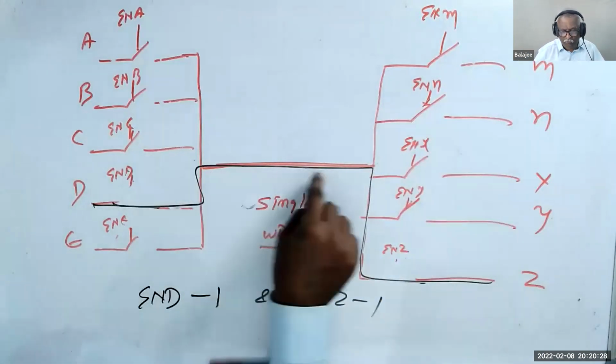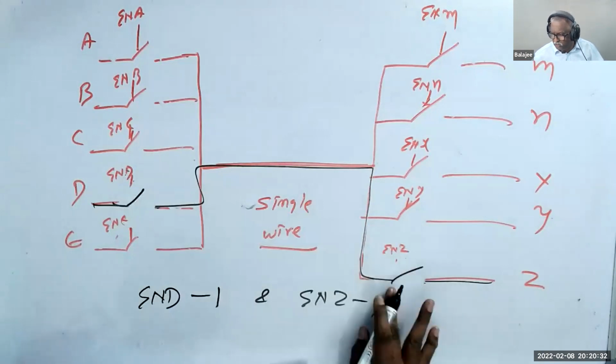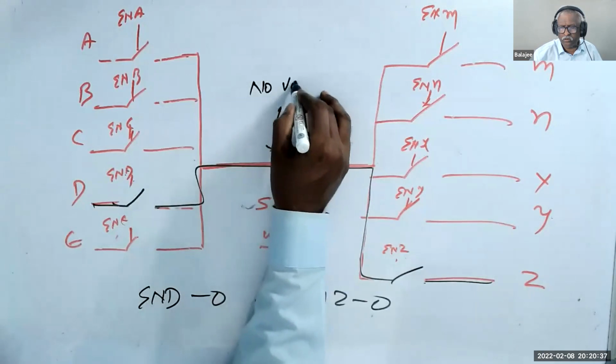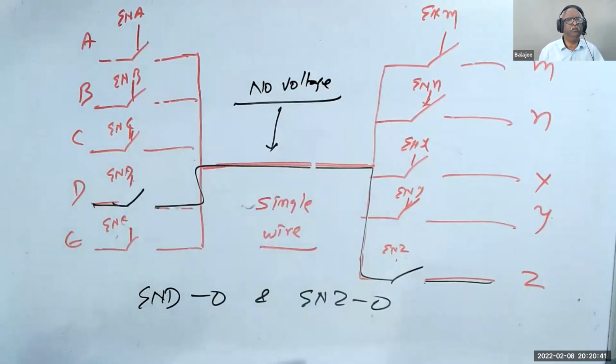This single wire, for example, when all of them are zero, then this wire is called no voltage. Do you understand now? This is one of the very, very important functionalities used in your digital electronics, because it saves a lot of wires for me. Why? I will explain to you that in the microprocessor class.